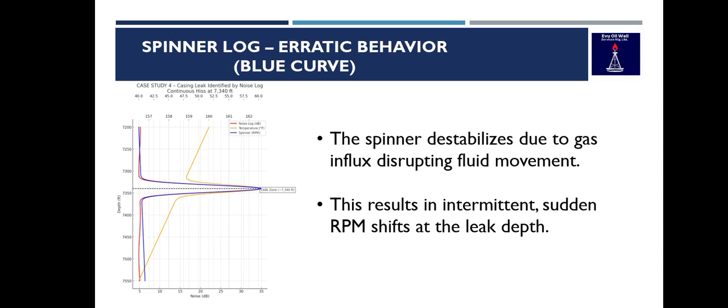Spinner log, the erratic behavior, which is of course the blue curve. The spinner destabilizes due to gas influx, disrupting fluid movement. This results in intermittent, sudden RPM shifts at the leak depth.